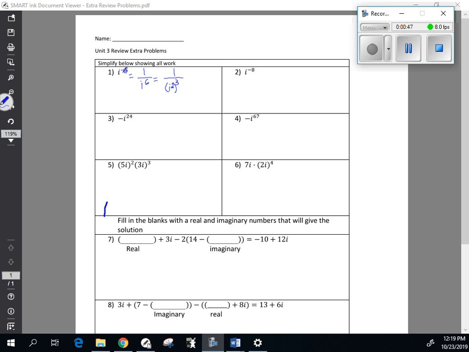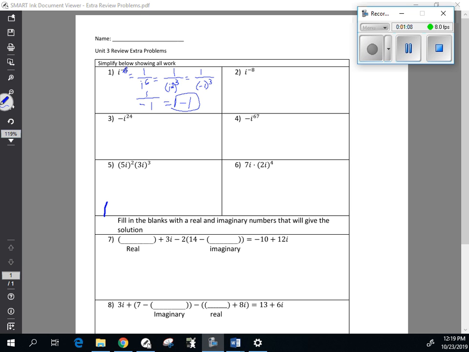That's going to give me 3. Remember, 2 times 3 will give me the 6 i's here. So this is going to be 1 over negative 1 to the 3rd power. I know negative 1 to the 3rd power is negative 1, so 1 over negative 1. 1 divided by negative 1 is negative 1.